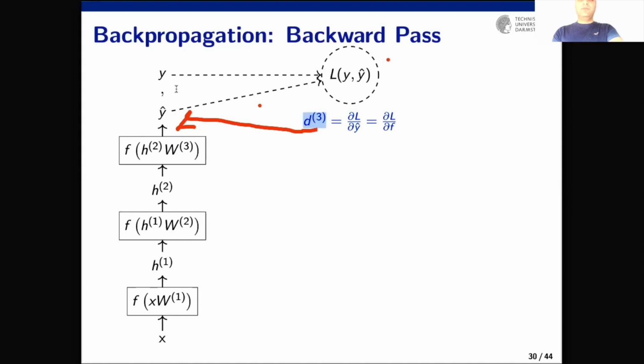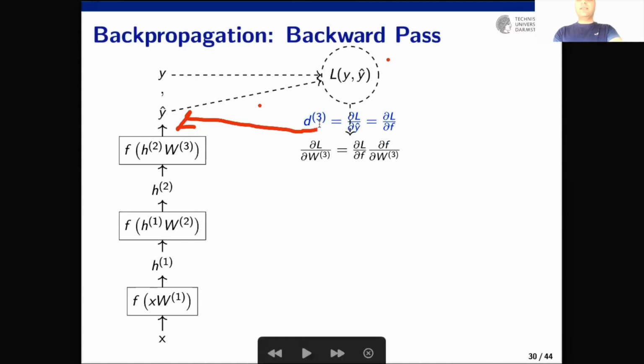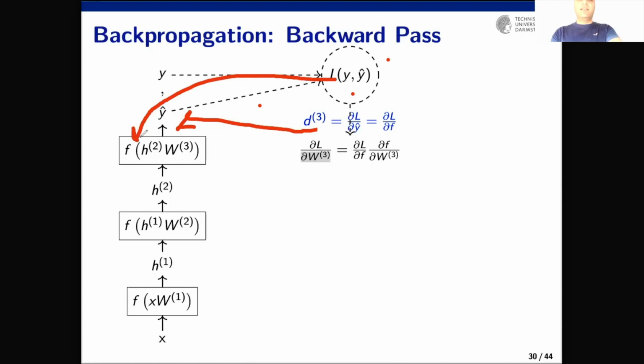What else can we do? Now we want to calculate the derivative of L with respect to W3. So let's see if we can find the chain here. We want to calculate L with respect to W3, right? So L depends on F, and F depends on W3. So we need to calculate the derivative of L with respect to F, which is the first term here.